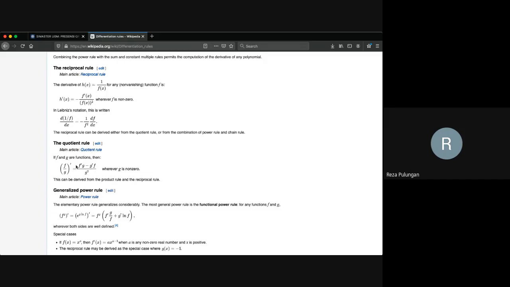So usually in calculus class, you change this into u divided by v. The derivative of u divided by v is equal to the derivative of u multiplied by v minus the derivative of v multiplied by u, divided by v squared. So let's return to our slide.